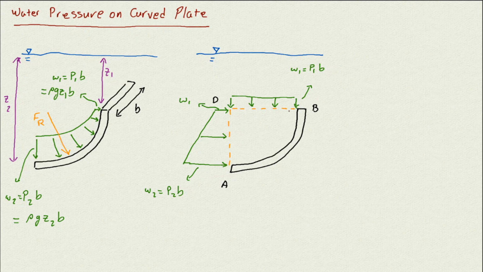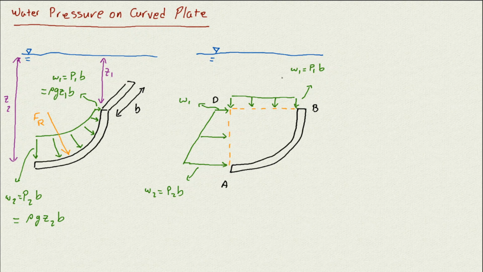And then we have the water. The weight of the water between A, B, D, whatever water is there, its weight is also going to be applied on that gate as well. So when we have something like that, we can go ahead and replace the forces.